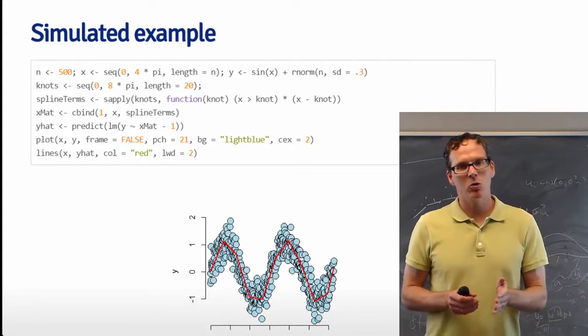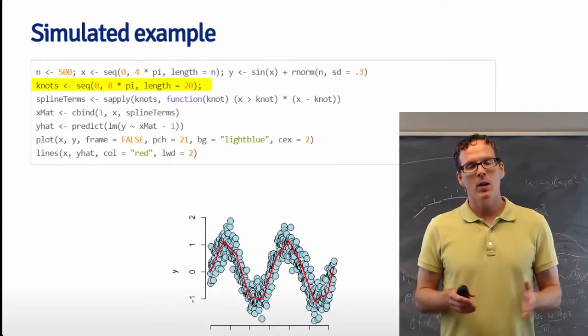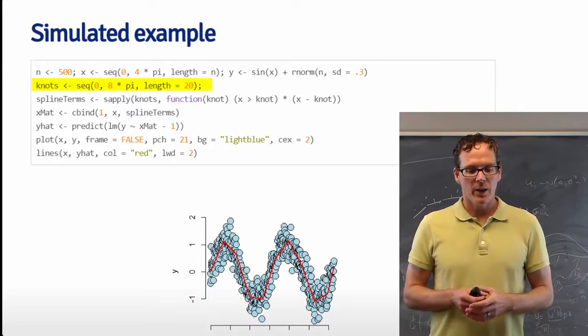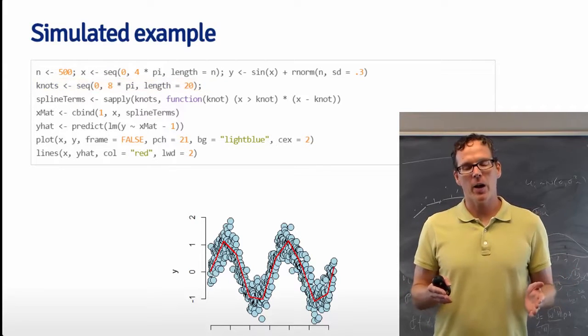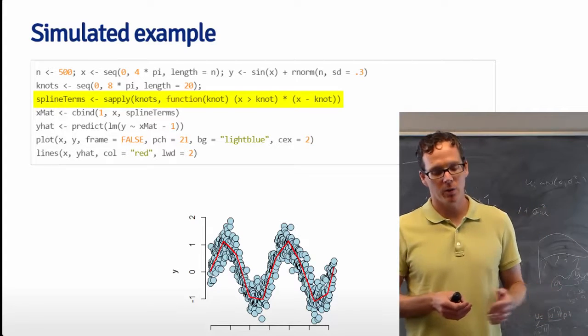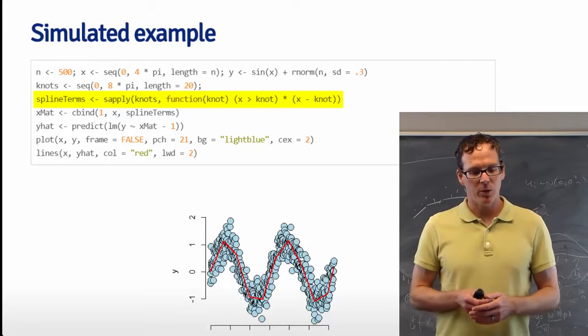I calculate 20 of those points and equally space them along the range of data that I've collected. Then I show exactly how to create my knot terms, just executing that function that I had on the previous page. You can replicate this, and you can see it's pretty easy.